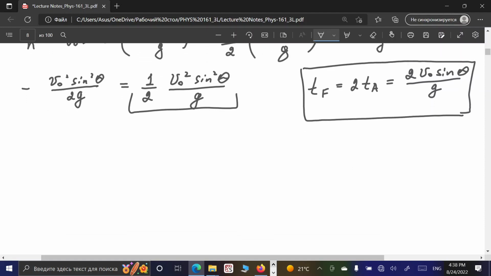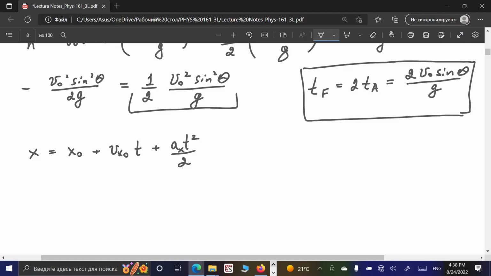Now we consider the x projection of the position vector. So we know that x is equal to x naught plus v x naught times t plus a x times t squared divided by 2.